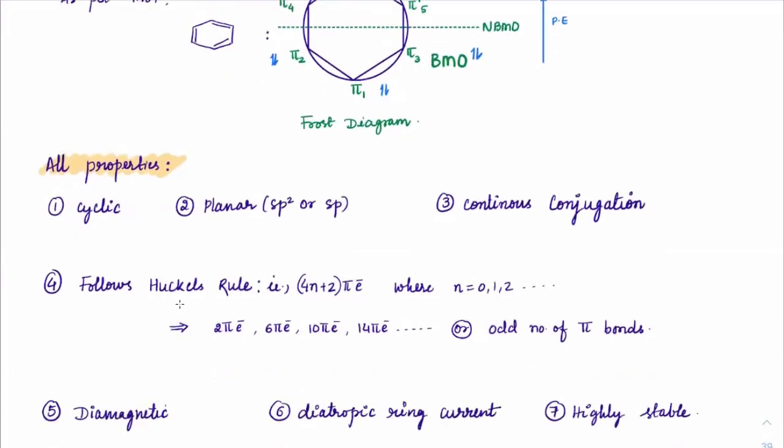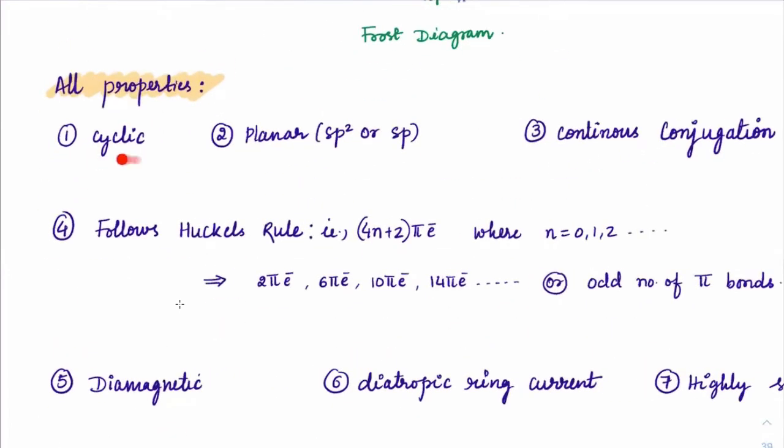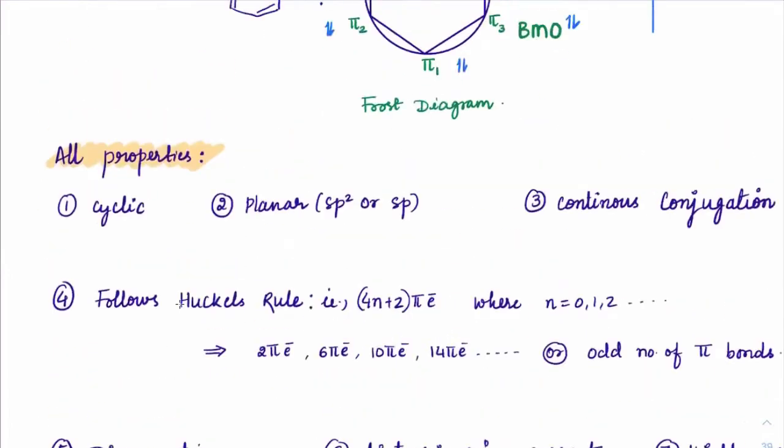First, all those molecules should be cyclic. Like benzene, naphthalene should also have the same property. They should be cyclic. Second, they should be planar. They can be sp or sp2 hybridized, but they must be planar. In most cases we will see they are only sp2 hybridized. Okay, beta. So cyclic, and they must be planar.